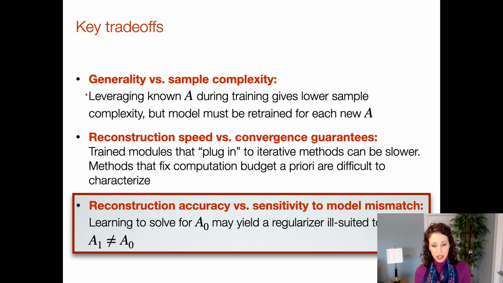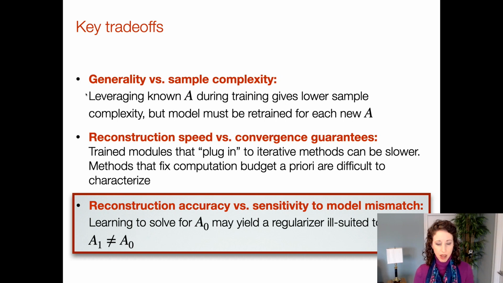But one of the disadvantages is that that can require a large number of iterations and take a lot more time to compute an estimate. In contrast, methods like the Neumann Network or Unrolled optimization fix that computation budget a priori. So you get a very fast method, but it can be kind of difficult to characterize or say anything about convergence.